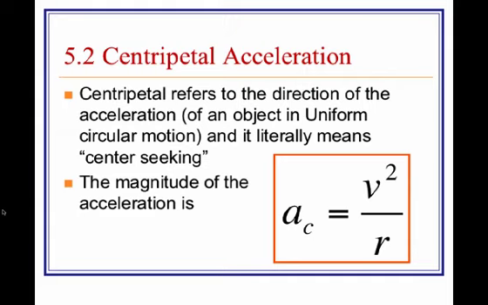The magnitude of the acceleration is always directed inward towards the center of the circle. This will be applied more when we talk about centripetal force. If you want to see the derivation, please look in your book. It uses similar triangles for the calculation of the centripetal acceleration.